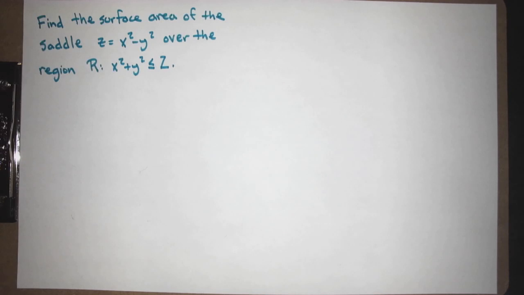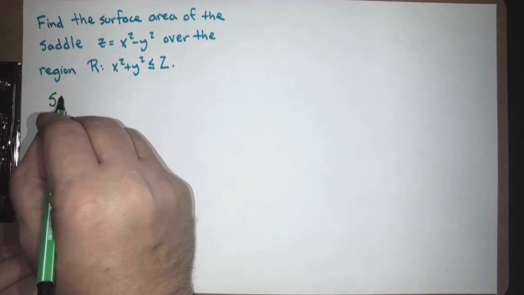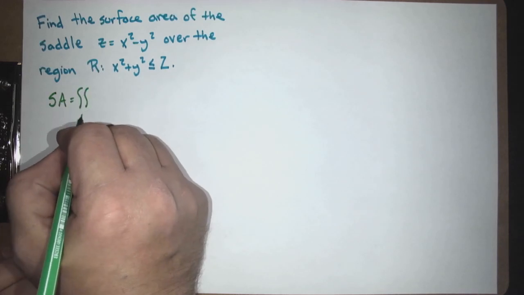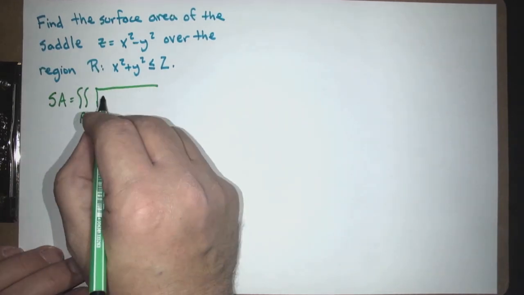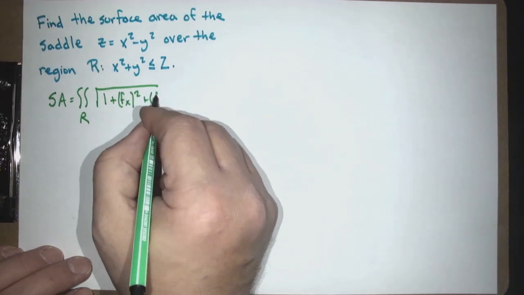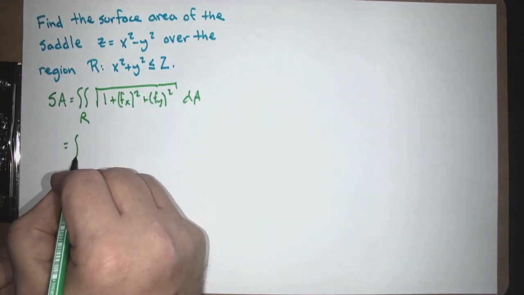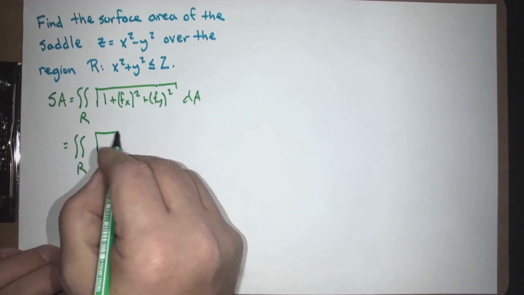So this truly is something we couldn't do using Calc 2. So what do we do? We say, well, there's a formula. It's the integral over our region of the square root of 1 plus f sub x squared plus f sub y squared dA. So let's take these derivatives.